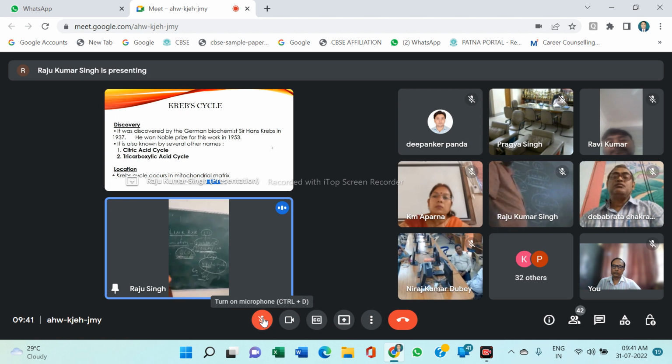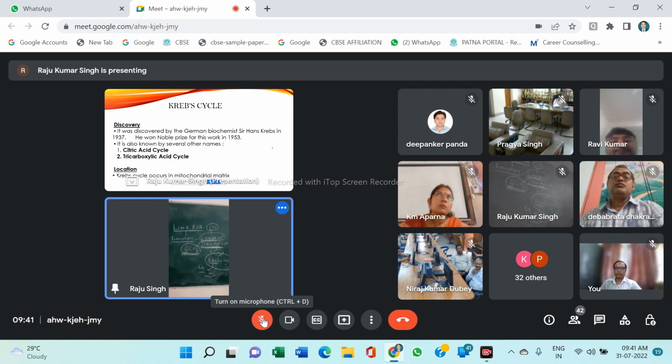Now we are seeing especially the location. If we draw the diagrammatic representation, suppose this is the diagrammatic representation.